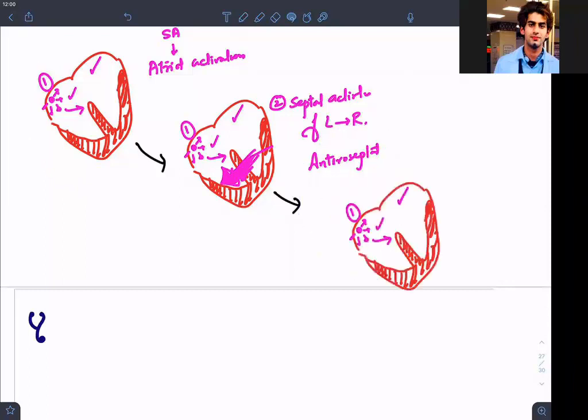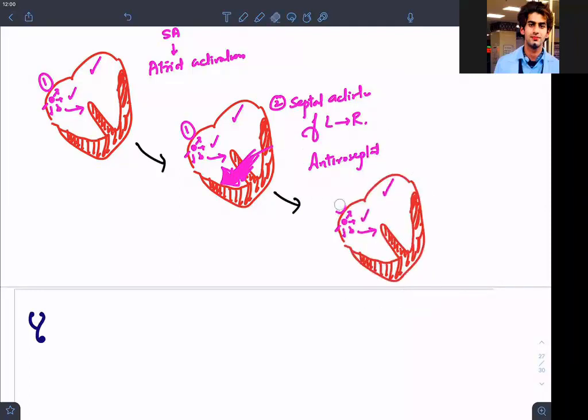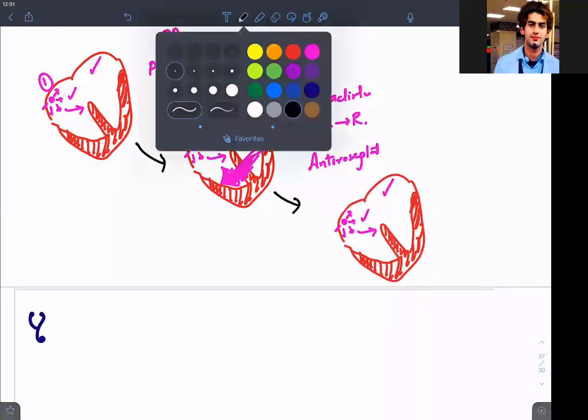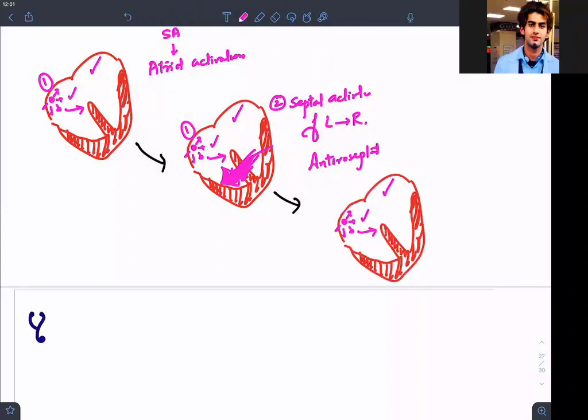So what is the third? The third will be, I will be getting a depolarization like this, finally spreading to here.